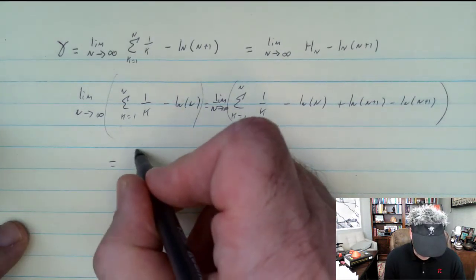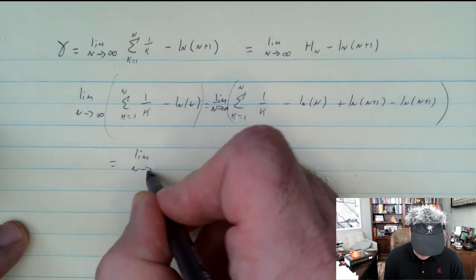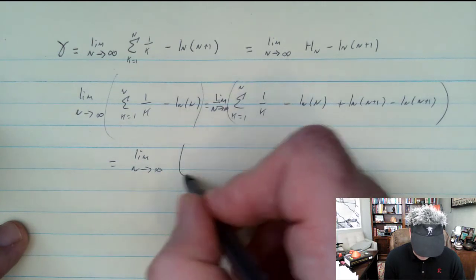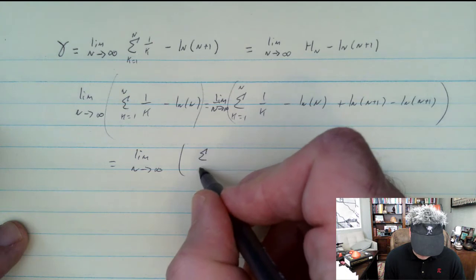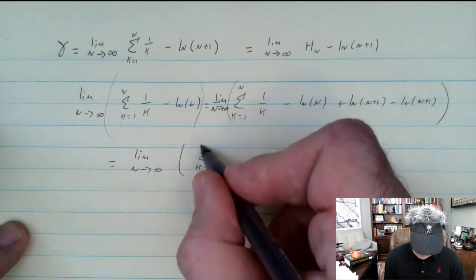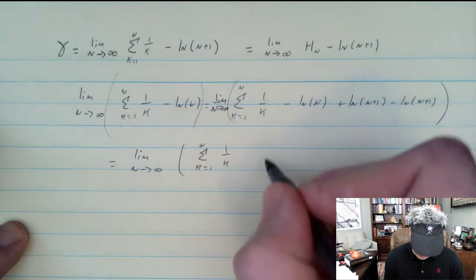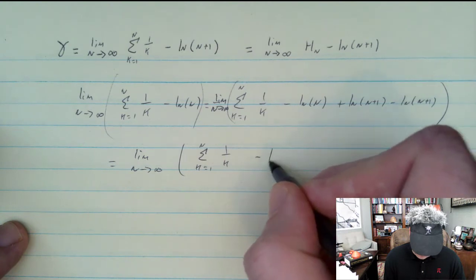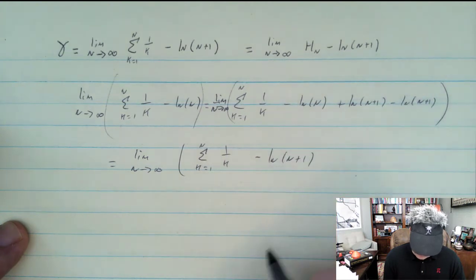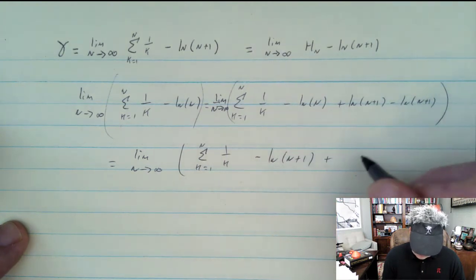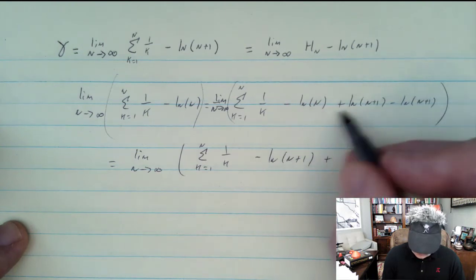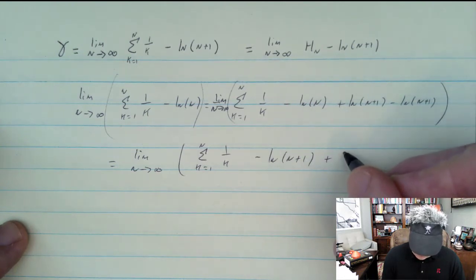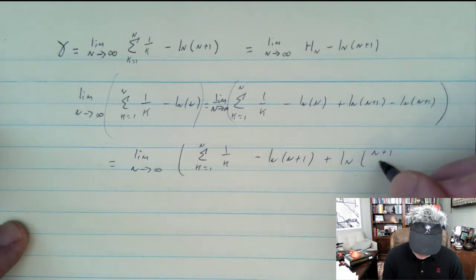So this will be the limit as n goes to infinity of sum k equals 1 to n, 1 over k, minus the log of n plus 1, and then plus these two things, and I'm going to put them as a single log right now. Log of n plus 1 divided by n.